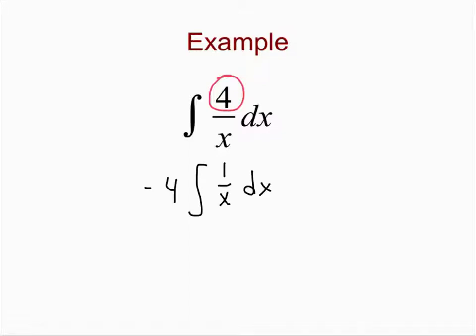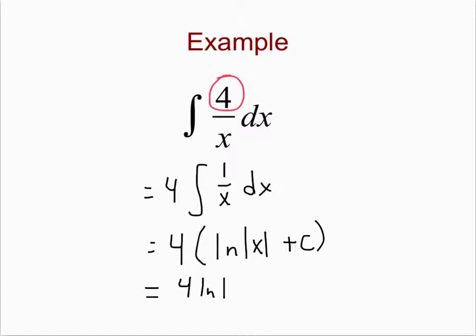And so the solution on this problem is going to be 4 times the natural log of the absolute value of x plus c, and then you know my whole trick with the constants. I'm going to distribute the 4, I'm going to multiply c by 4, but I'm still going to call it c because it's some other constant. Like I said, that's a standard trick.